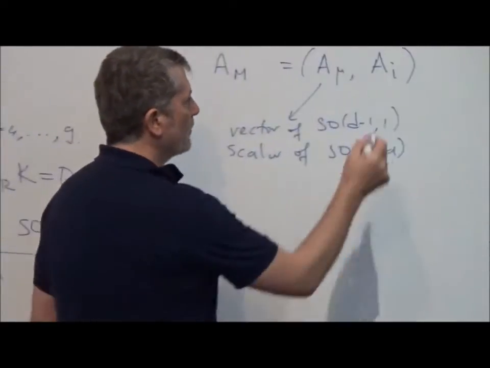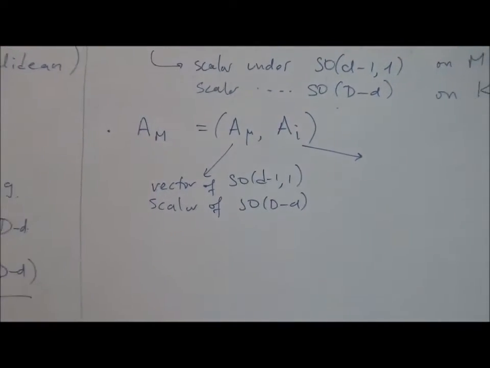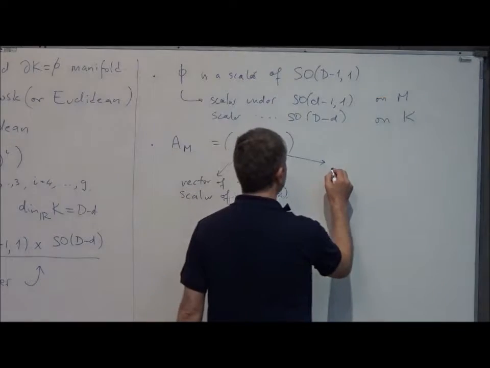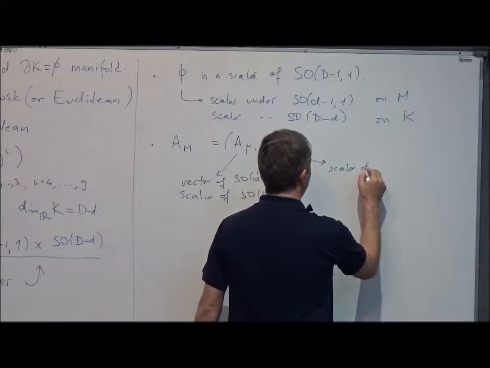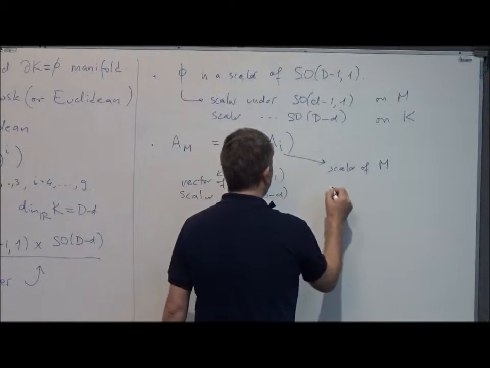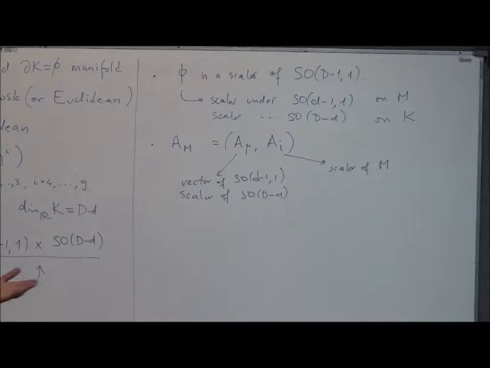Now we play the same game with this guy. This does not have a mu index, so it must be a scalar of SO(D minus 1, 1). On the other hand, it does carry a vector label of K, so it must be a vector of SO(d).